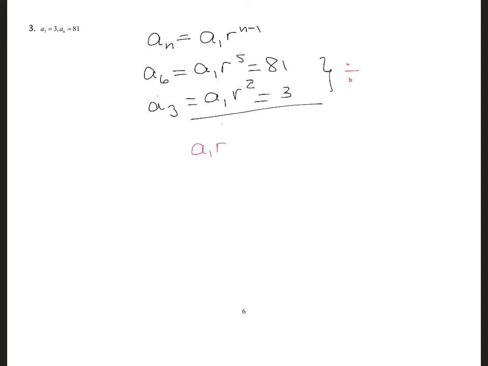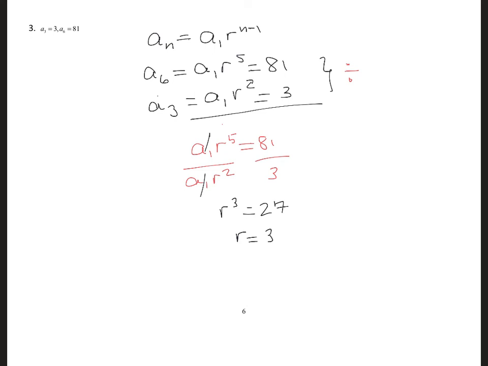The first term times r to the power 5 is equals to 81 over the first term times r squared is equals to 3. I'm dividing both equations. So it's 81 divided by 3. So when I do that, this is gone. And when I have exponents, I can subtract. So r cubed is equals to 27. So that means the common ratio is 3.